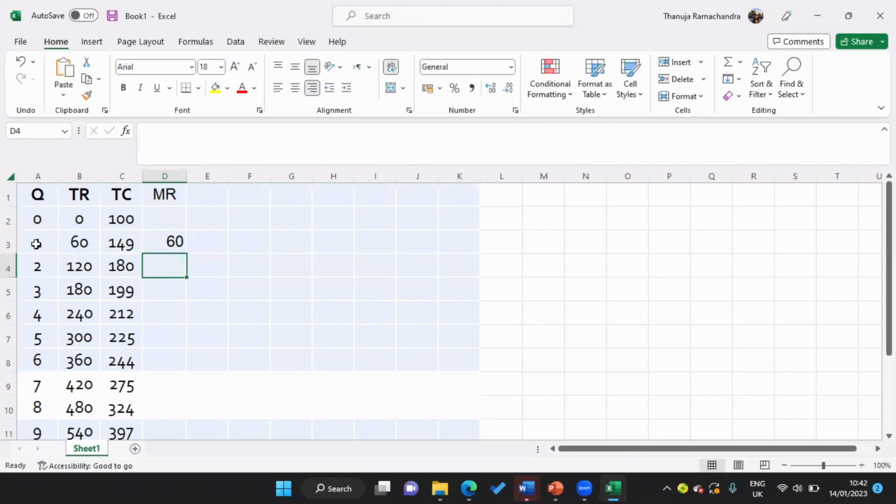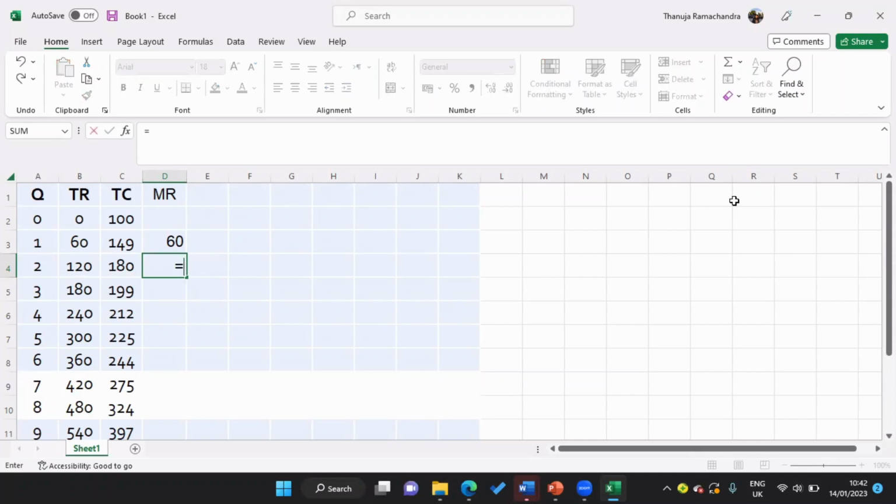And then the production is increasing from 1 to 2, the next level, and there is a change in the total revenue, right? So we have to see how much additional revenue we get by additional production.